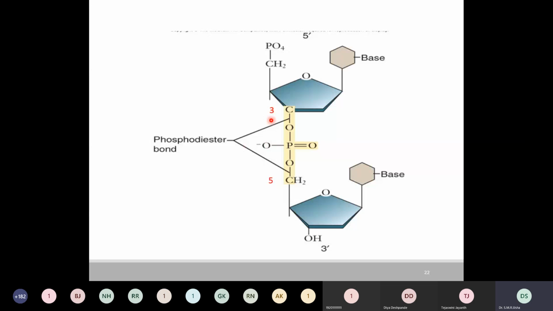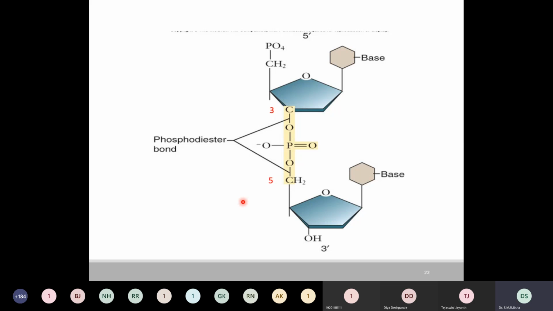Now, if you see, this is a 3',5' phosphodiester bond. In the previous slide, I showed you a free hydroxyl group at the 3' end. So this hydroxyl group forms an ester bond with a phosphate at the 5' end of another nucleotide.